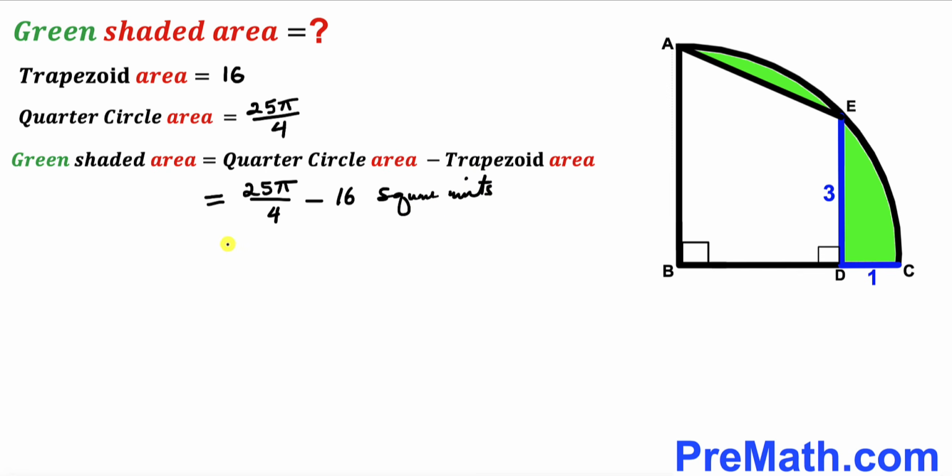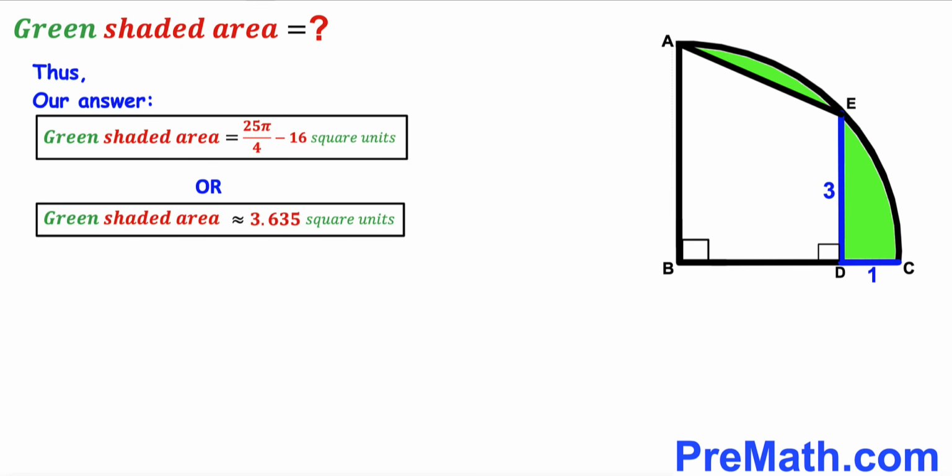In decimal, that is approximately equal to 3.635 square units. So after all the calculations, the area of the green shaded region turns out to be 25 pi divided by 4 minus 16 square units, approximately 3.635 square units. And that's our final answer.